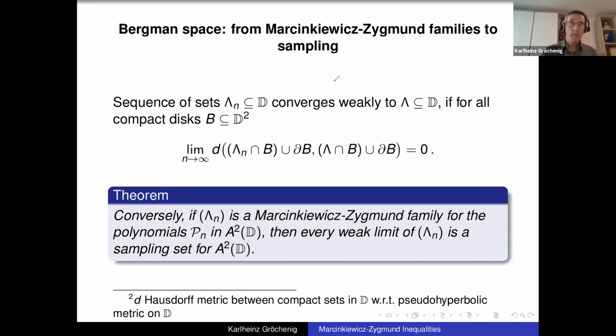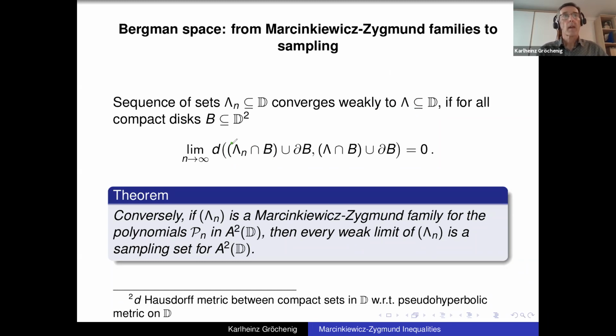There is a converse. Suppose you have a Marcinkiewicz-Zygmund family. So this is a sequence of finite sets. You can associate to any sequence of finite sets a weak limit. Either you take the sum of point measures on lambda n and take a suitable weak limit of these measures, or you take the original definition, I think it goes back to Beurling, take the intersection with an arbitrary compact disk.